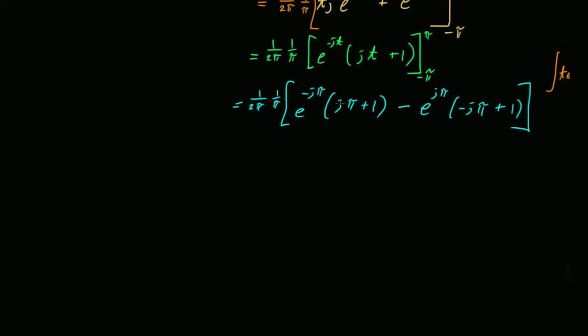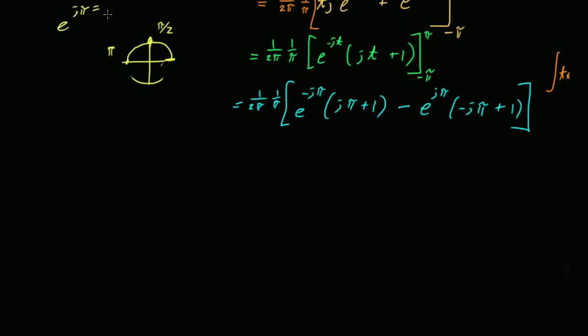So what is e to the j pi? All right, here's e to the j 0. Here's e to the j pi over 2. Here's e to the j pi. So if this is 1 and this is j, what's this? Negative 1, right? You guys remember that?